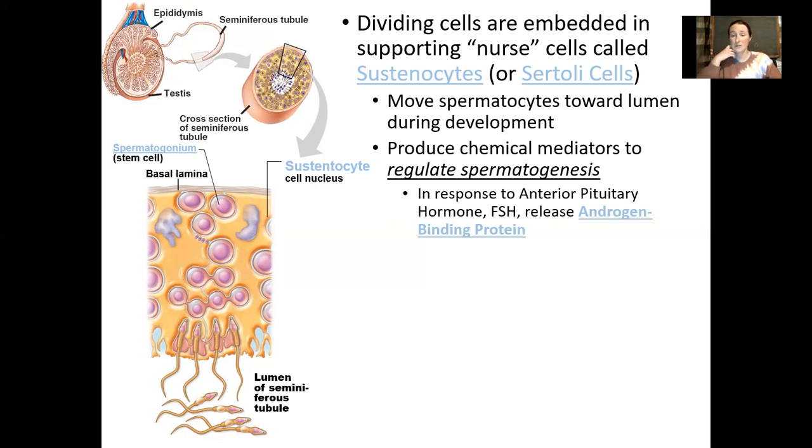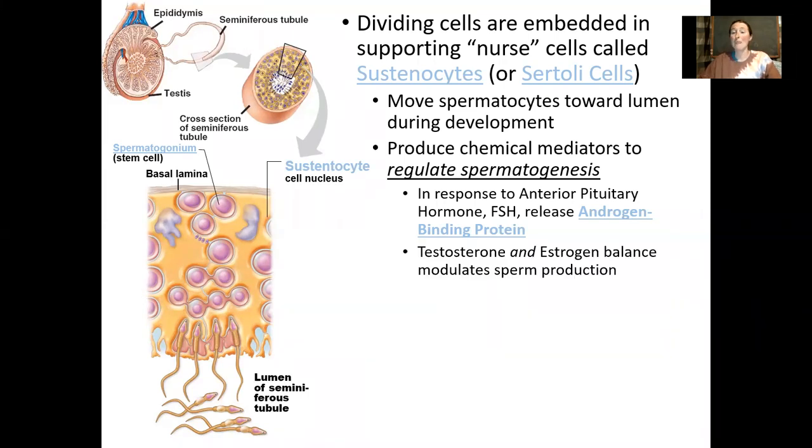Specifically, and as we're going to go into more detail with in a moment here, the gonads, so testes in males, ovaries in females, are regulated by the HPG axis: the hypothalamus, anterior pituitary, and then gonad. The anterior pituitary gland produces a couple different hormones that regulate the gonads, specifically FSH, or follicle stimulating hormone, which, as we're about to see, triggers these cystenocytes to release a chemical called androgen binding protein, or ABP.